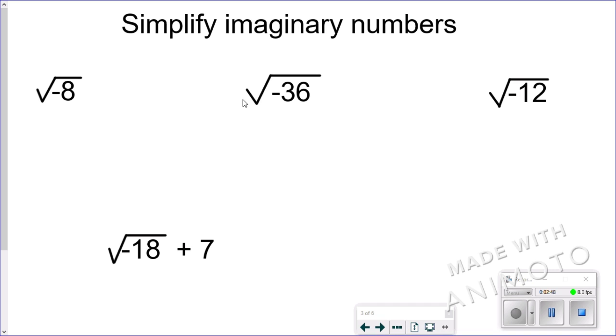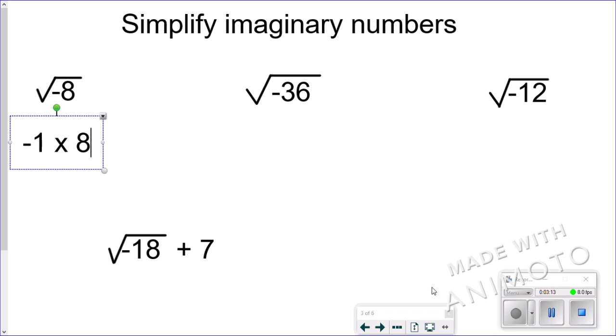All right, so let's simplify imaginary numbers, or simplify square roots. Like I already established, we can't necessarily take the square root of the negative, but we can remove the negative because the square root of -8 can go to the square root of -1 times 8.